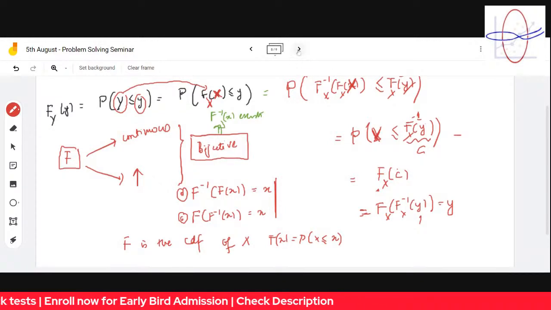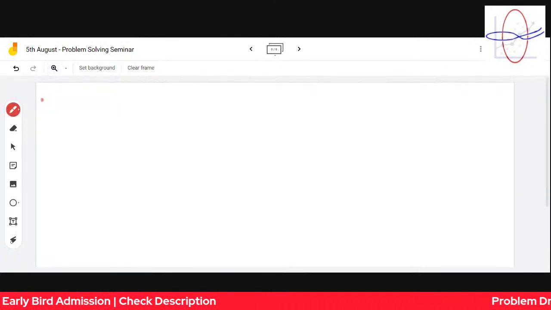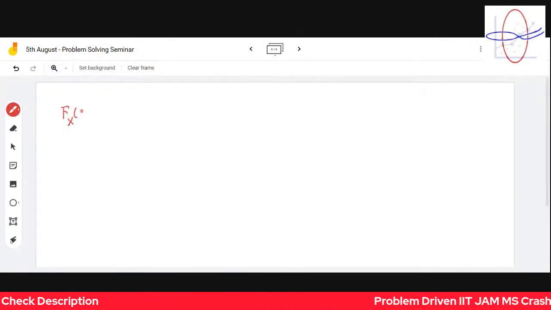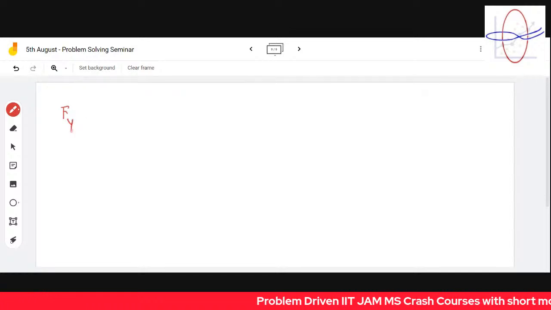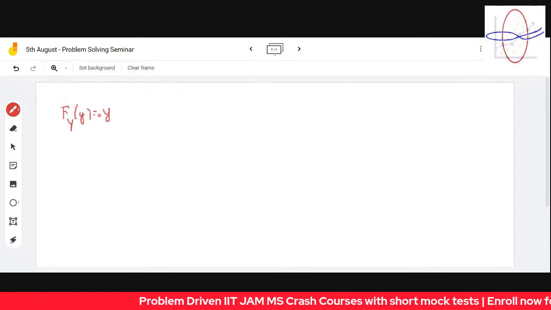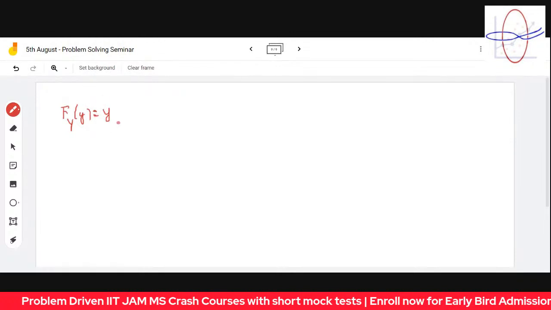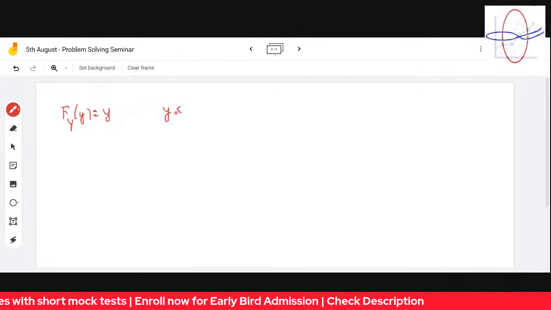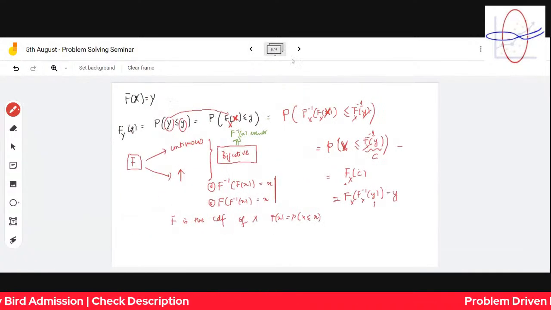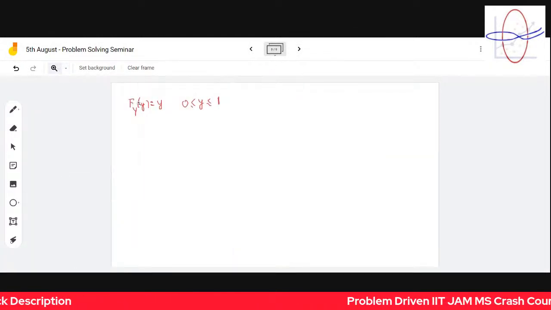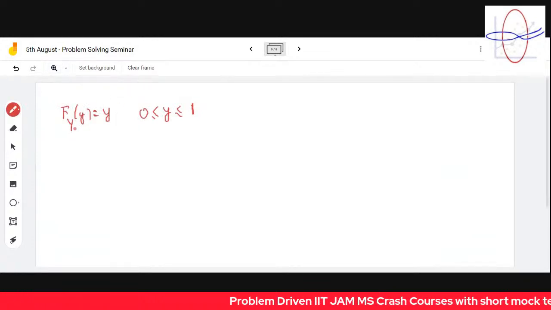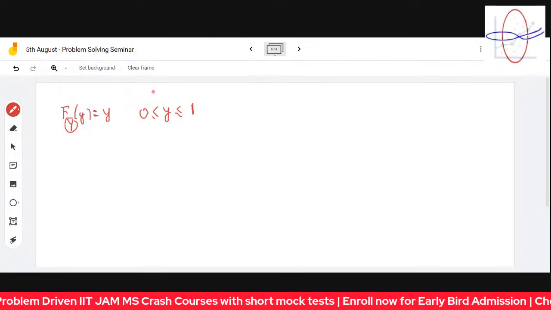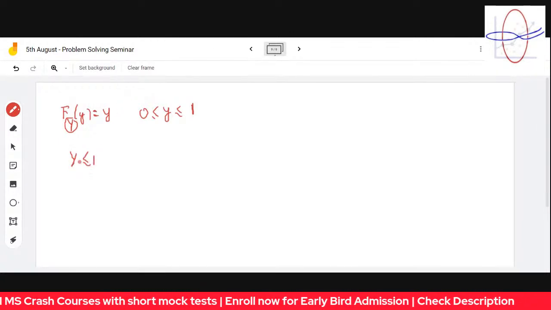Perfect. So we get that F of y, small y, is equal to y. And also y is between 0 and 1. Why? Because this y is capital F of x, and capital F is a CDF, so y takes values in 0 and 1 only.